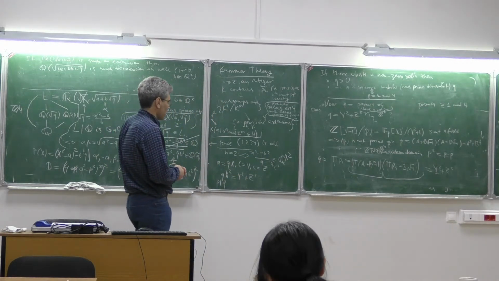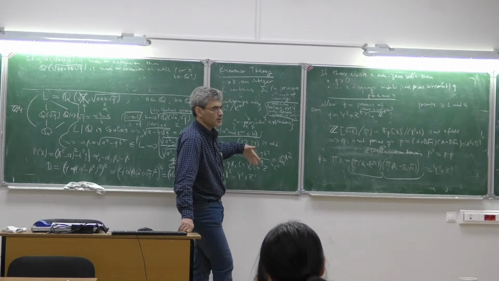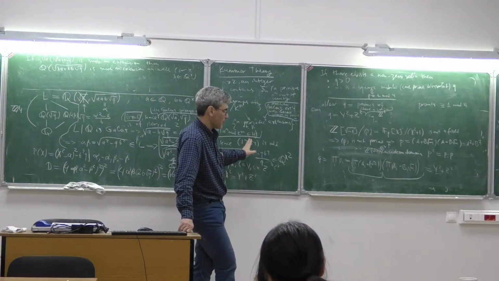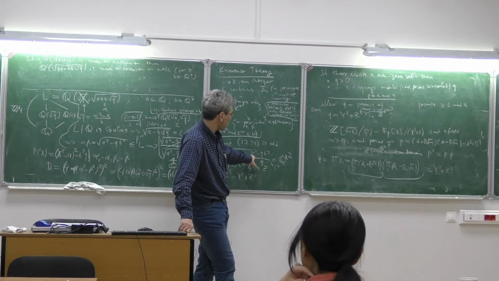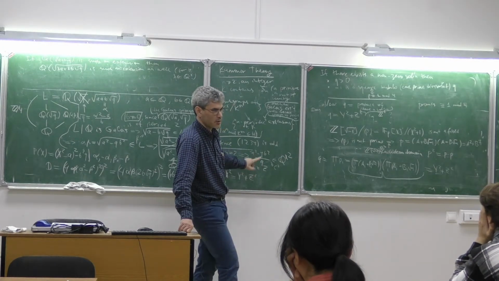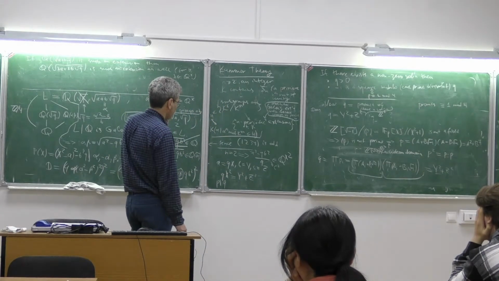And of course, you can always multiply A and B by something to get infinitely many pairs of A and B satisfying this condition. But you're right in the sense that we have to check that.